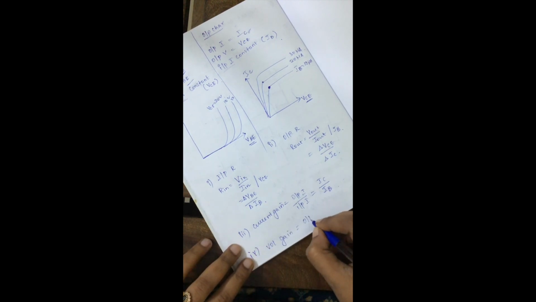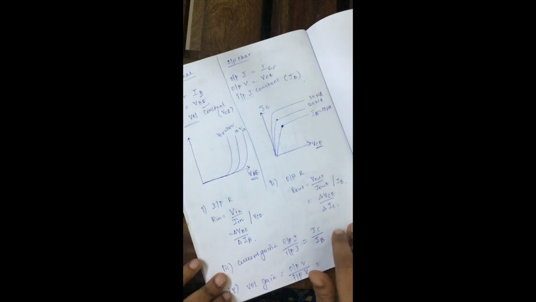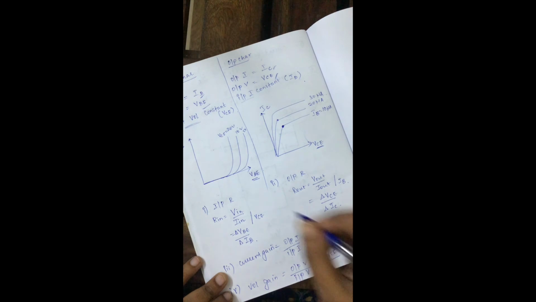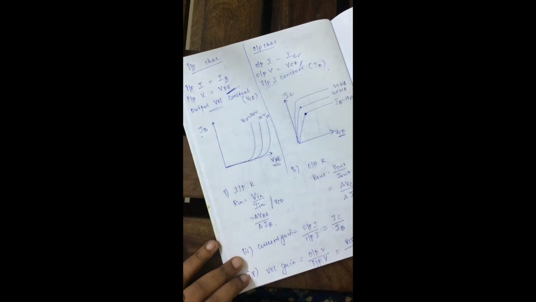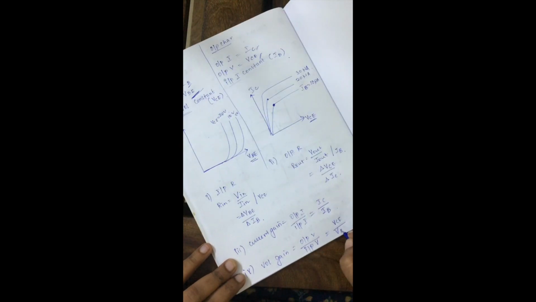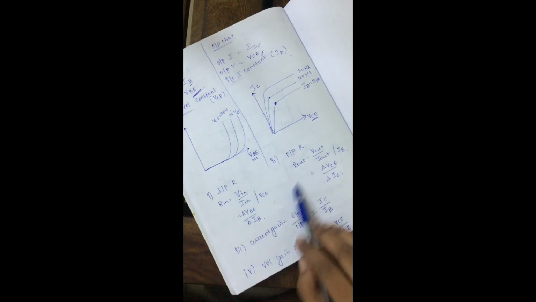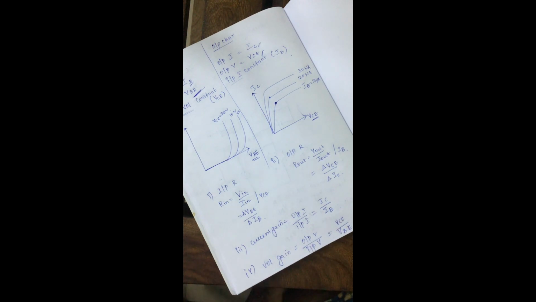Voltage gain is output voltage by input voltage. So output voltage is VCE. Input voltage is VBE. Okay. So these are the four characteristics we have drawn, similar to the common base configuration.